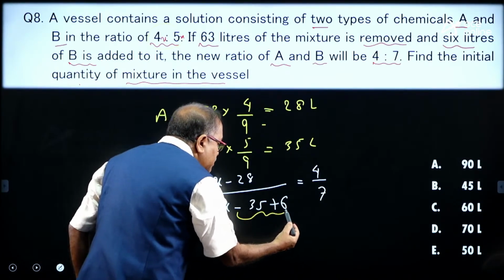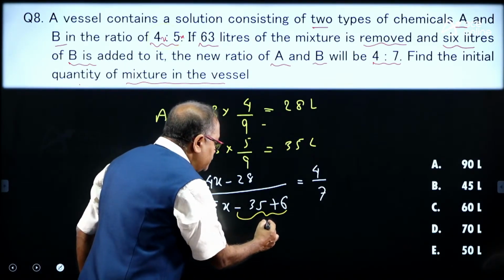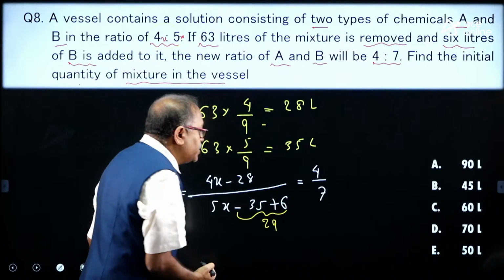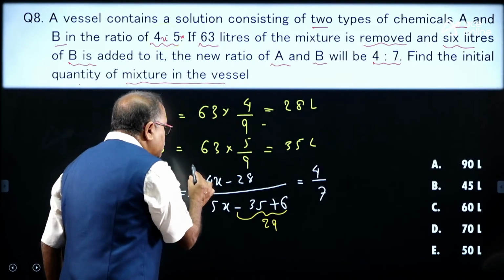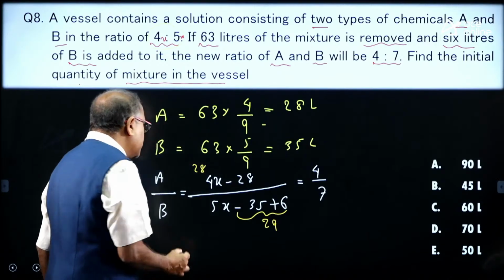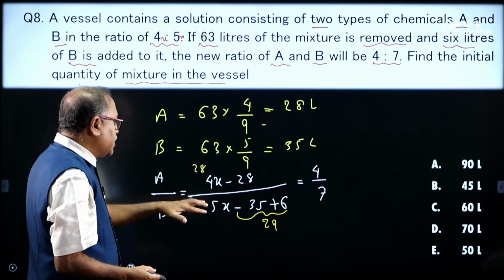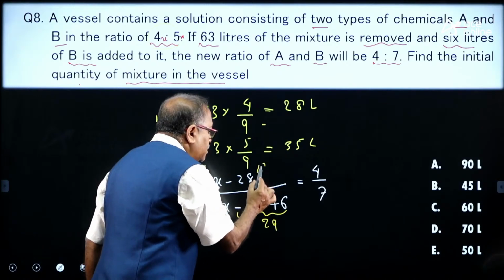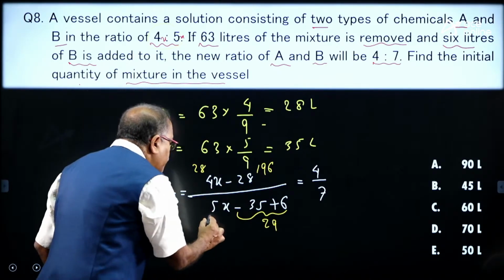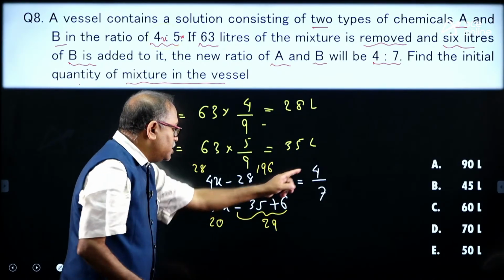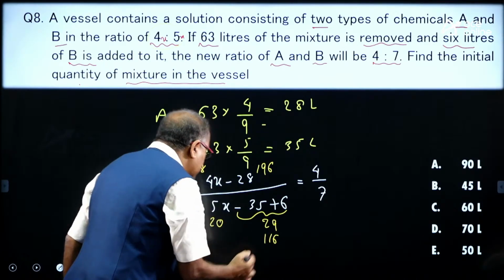What will be this result? This result will be minus 29, and I will multiply that one. 7 fours are 28x, and 28 into 7, will it be 196? Yes, 196 over here, and here 5 fours are 20, and here 5 into 29, that we know is 145.